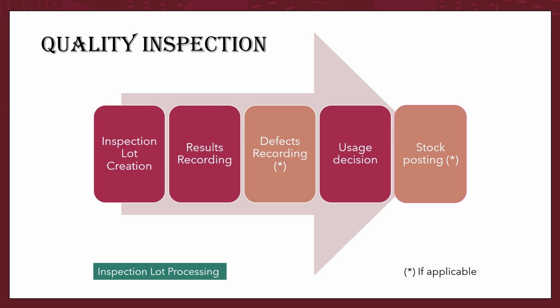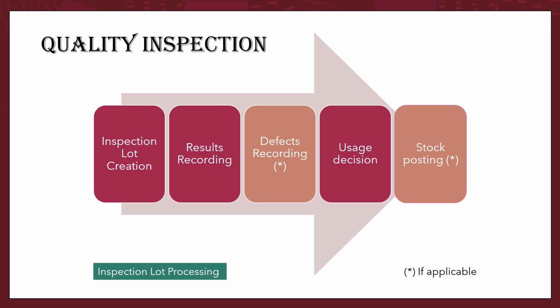So let's review one by one these different process steps, and we will understand completely the quality inspection process. The inspection lot creation is the starting point of the process and can be triggered automatically by the system, or it can be created manually by a user.